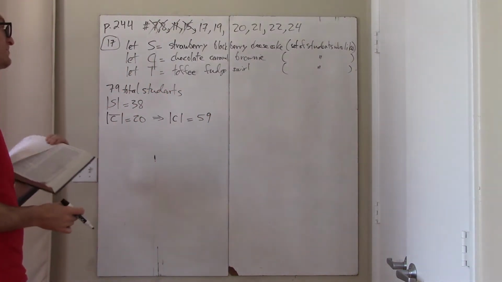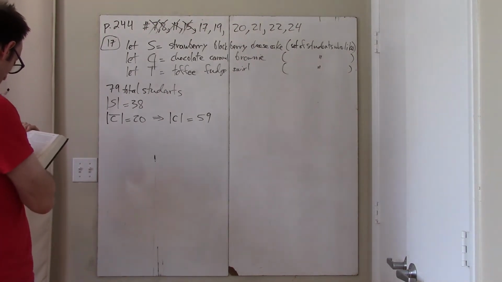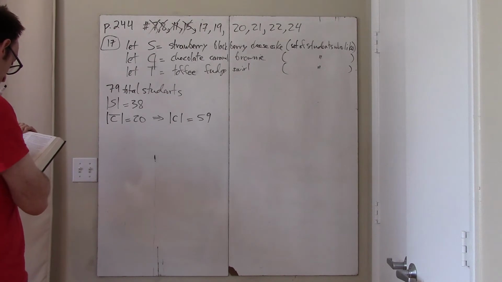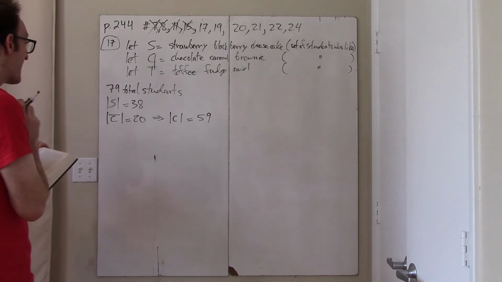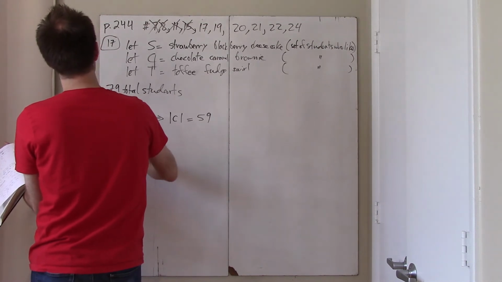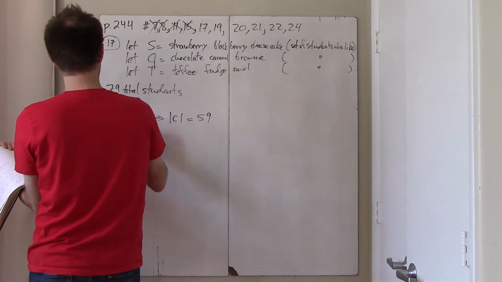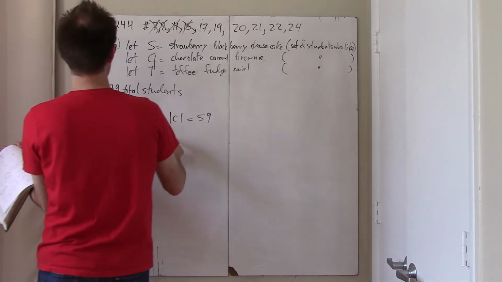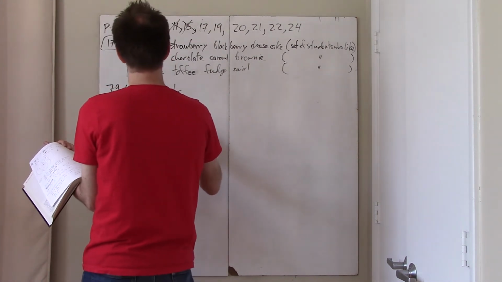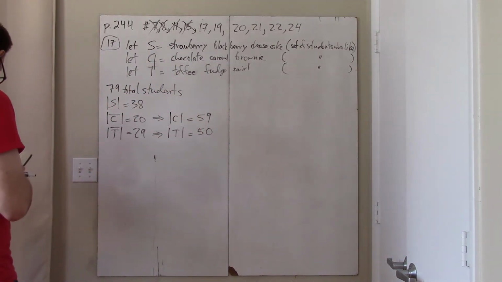That's pretty high. Next. Good. 29 say that they do not enjoy toffee fudge swirl. So the complement, once again, of T is 29, which means that it must be the case that 50 people do like toffee fudge swirl.